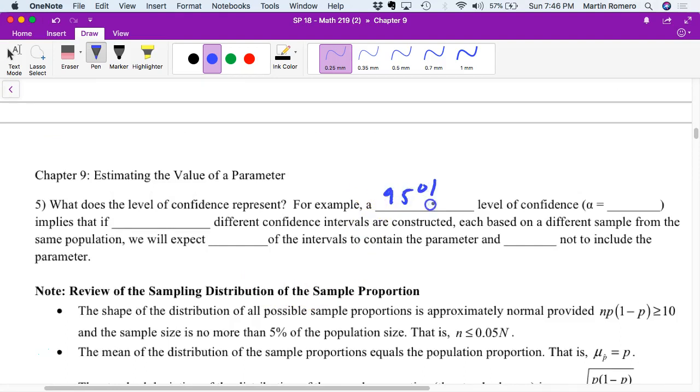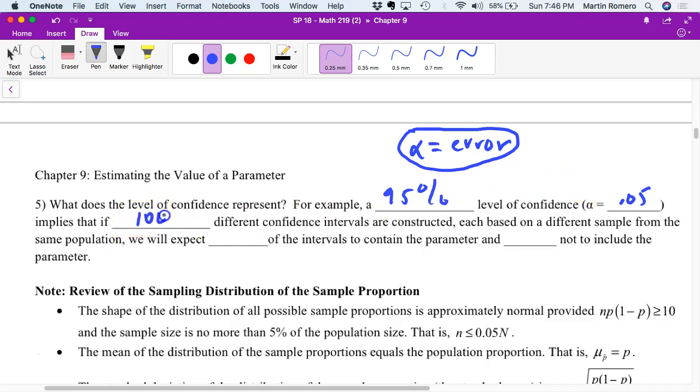And so we'll talk more about that, what that means, but we would put this here: if a 95% level of confidence, and alpha is kind of what we're going to call our error. Alpha is that value I said we're going to end up talking about. So I can say construct a 95% confidence interval, or 95% level of confidence, or an alpha equals 0.05 level, meaning that I'm allowing a 5% chance.